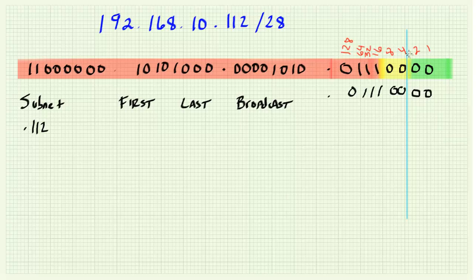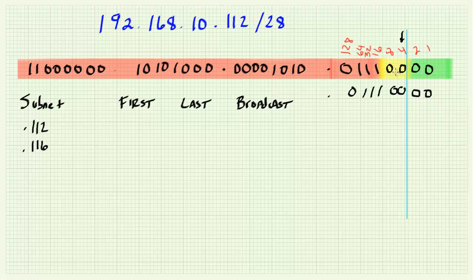Well, the increment is always going to be the bit weight of the least significant subnet bit. So right here, these are our subnet bits, and we can see that the bit weight for the rightmost, or the least significant subnet bit, is a bit weight of 4. So our subnetworks are going to increment by 4. So the next subnet will be .116.